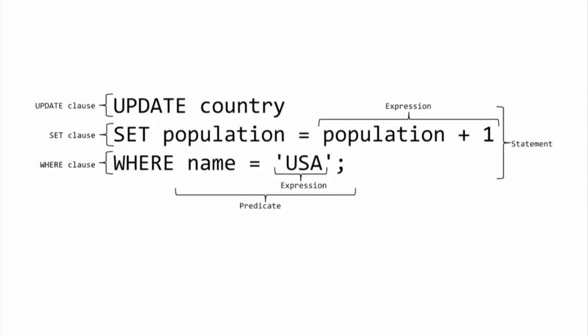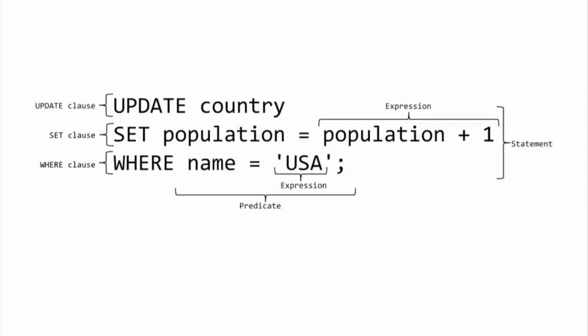So if we have this update query, where we are supposed to update a table named country and set the population attribute, or at least we are going to increment that population attribute by 1, where the name is USA.